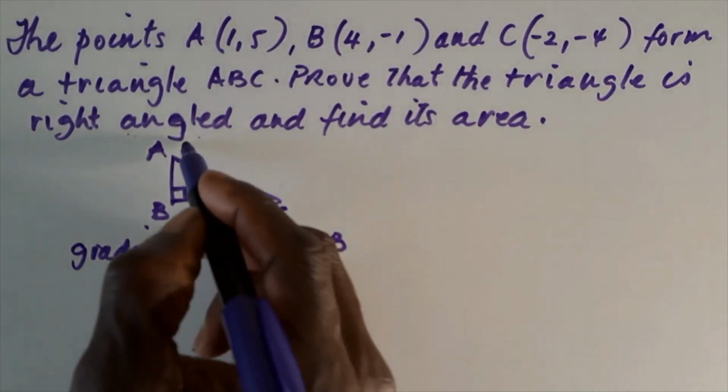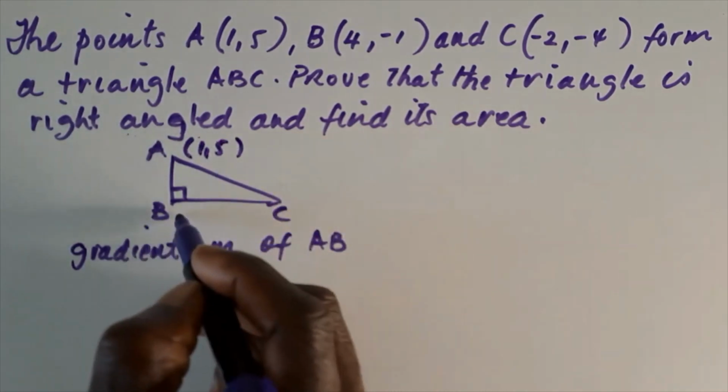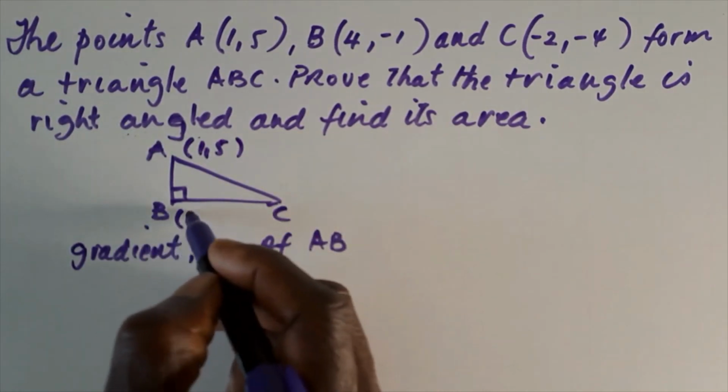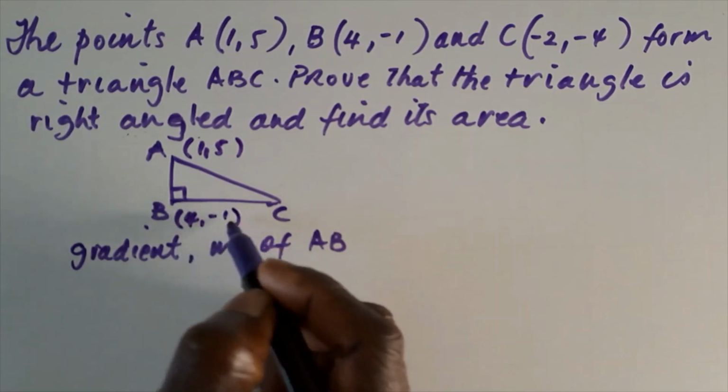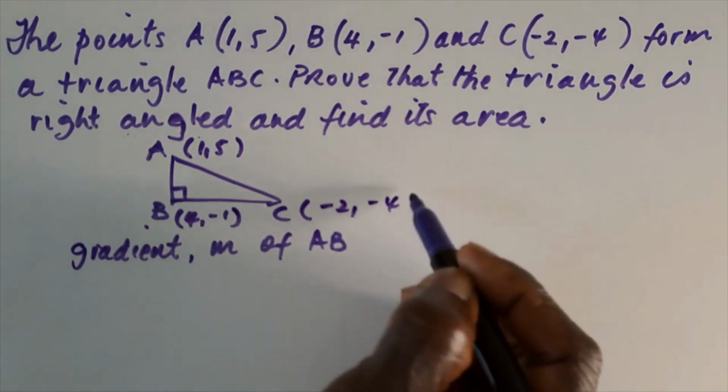So we know the coordinates: at A it's 1, 5, at B it's 4, -1, and at C it's -2, -4.